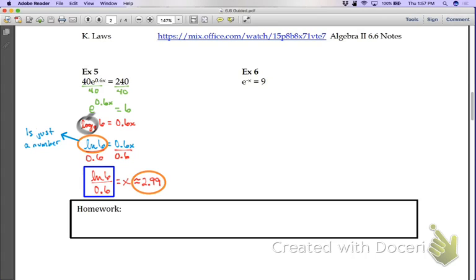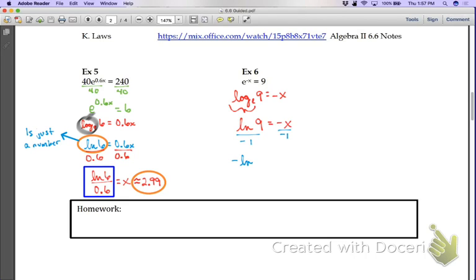It's not going to change if I have e to the negative x power equal to 9. I will still have students that change this to log base e of 9 equal to negative x. That's completely all right. Remember, log base e is just the natural log of 9. Again, if I ask for the exact answer, what's going to be the exact answer? I'm just going to divide by negative 1, or multiply by negative 1, either way.